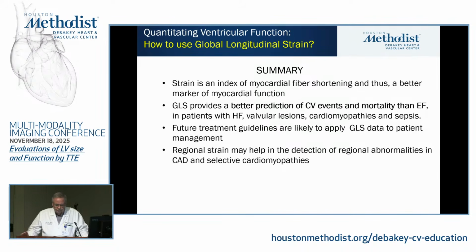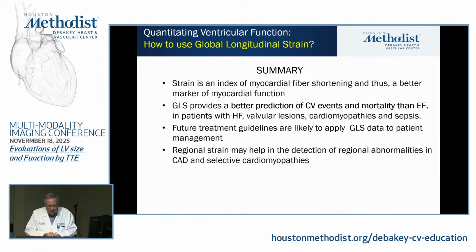So in summary, without question, strain or longitudinal shortening, whichever of the two terms you prefer, is an index of myocardial fiber shortening and thus a better marker of myocardial function. I think that the data is very strong on that.